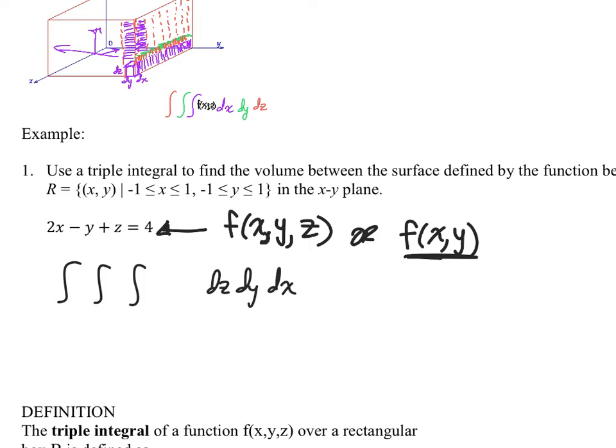It doesn't matter what the order of integration is because of Fubini's theorem. If you're over a rectangular region, the order is interchangeable, and that's what's happening here. So I can state that this is going from -1 to 1. This is also going from -1 to 1. So at this point I can say, well, what do I have?